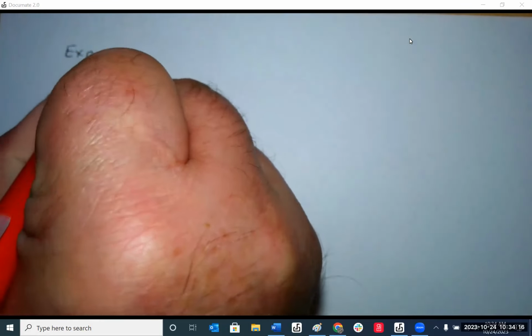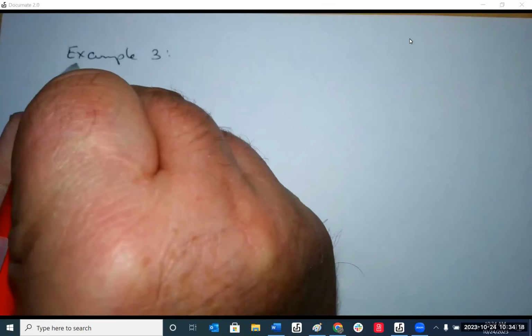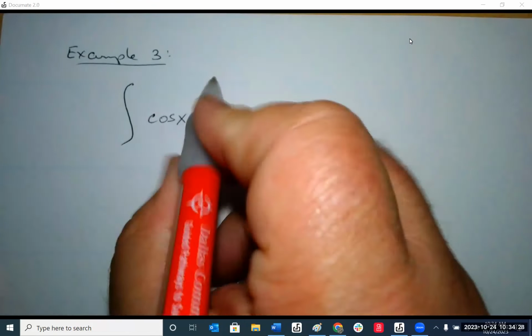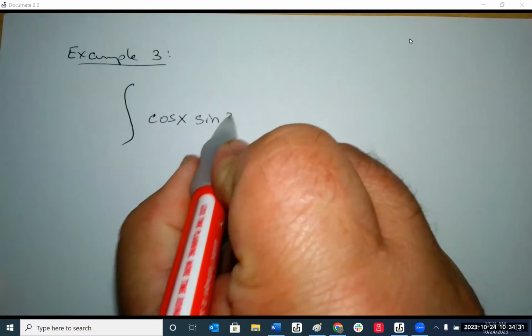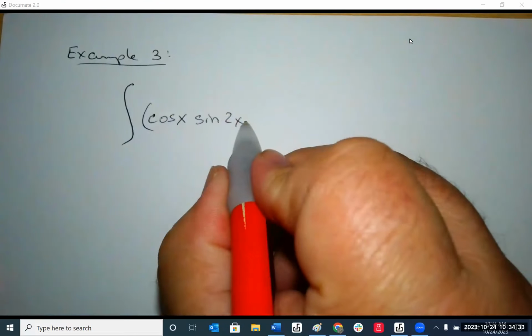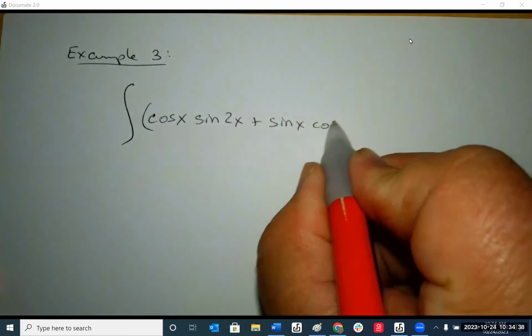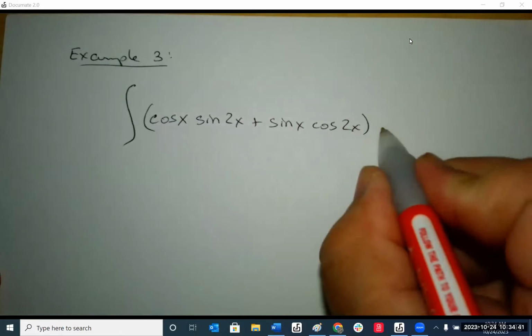That was number 2. Let's look at number 3. Evaluate the integral of cosine x sine 2x plus sine x cosine 2x dx.